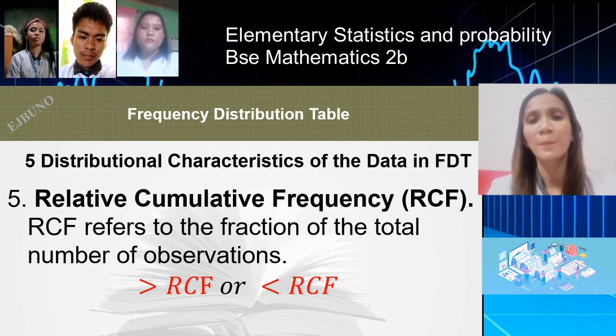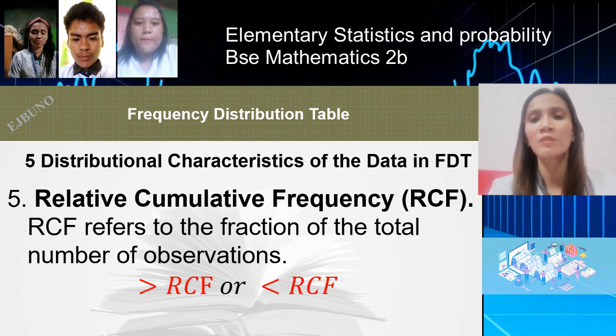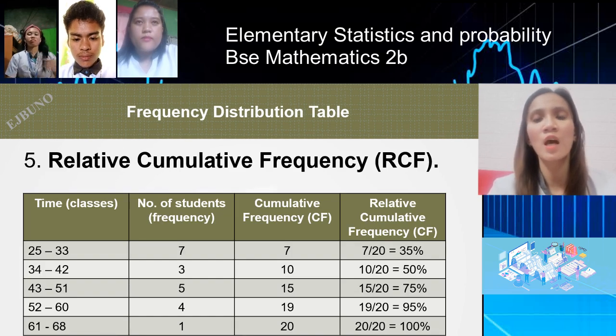Both the less than relative cumulative frequency and the greater than relative cumulative frequency can also be expressed in percent. The table shows how to get the relative cumulative frequency, wherein it is equal to the cumulative frequency divided by the total number of frequencies and then expressed in percent.